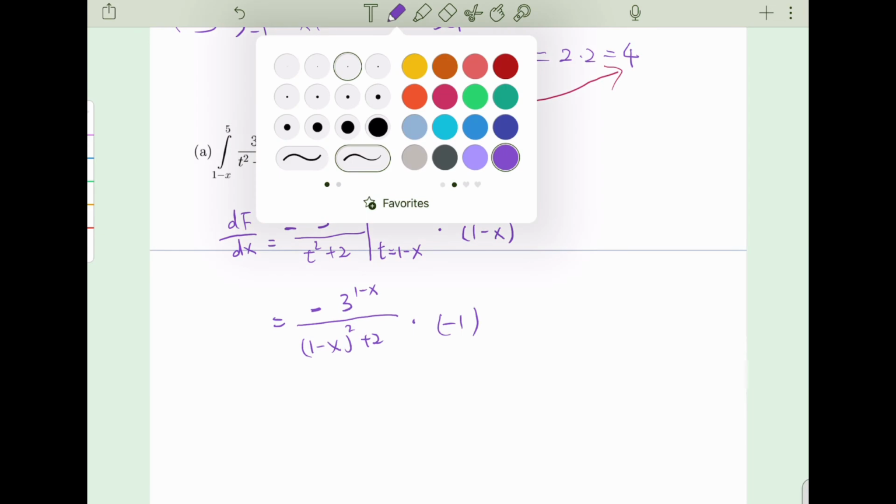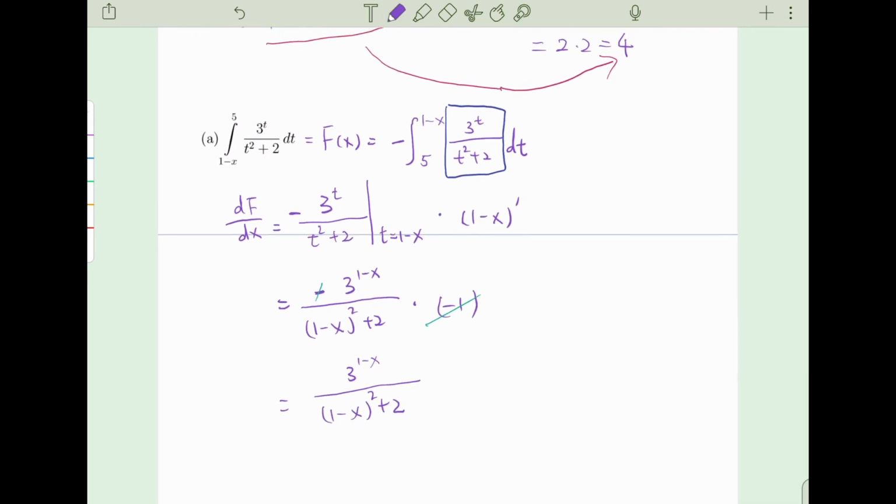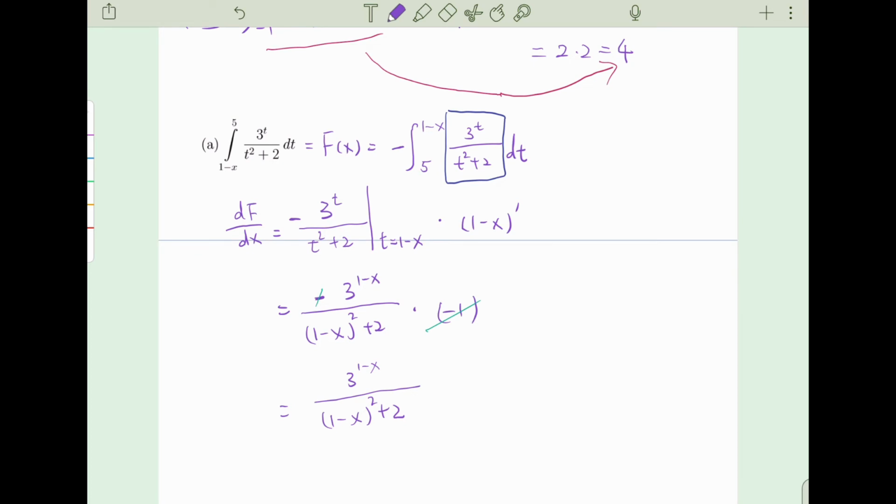And these two negatives cancel, so I am left with 3(1 minus x) divided by (1 minus x) squared plus 2. It should not be a very difficult question. You can look it up from the Math 1500. Okay, so that is our question 4, the first one.